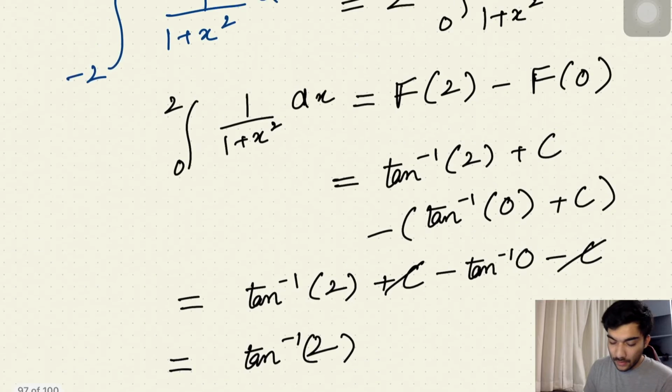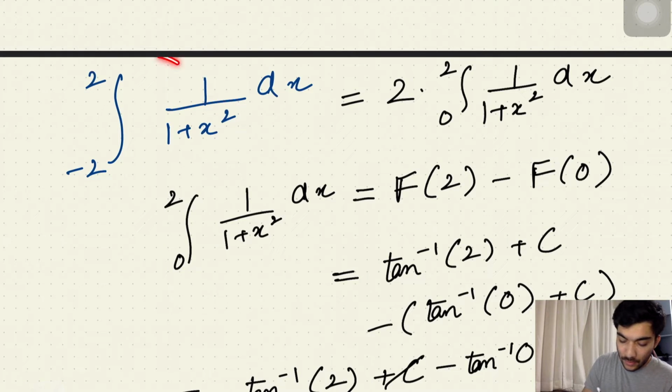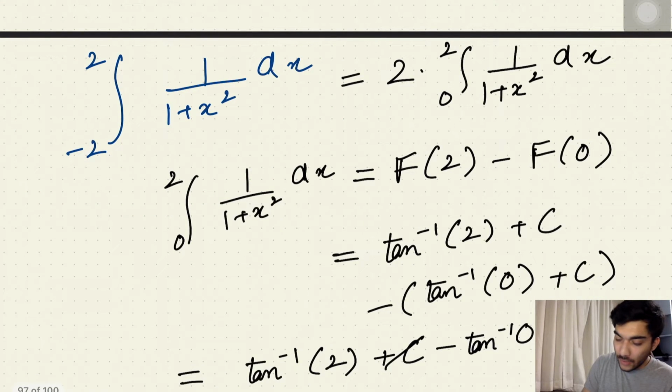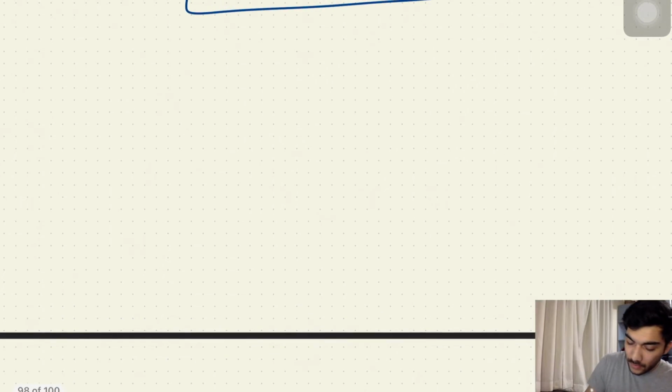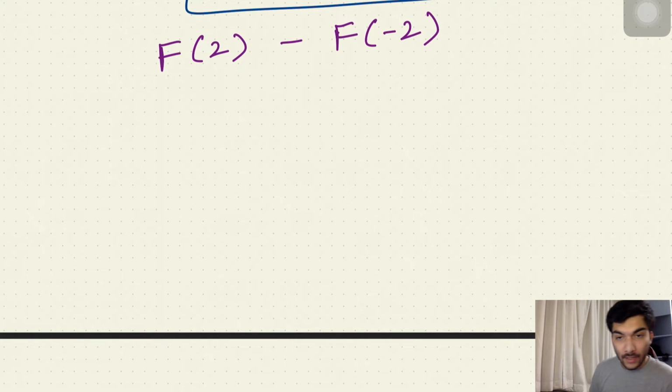And now let's calculate the expression on the left hand side as well. If we want to calculate the expression on the left hand side, it would basically be calculating capital F of 2 minus capital F of minus 2, right? And since our original function is tan inverse x plus c, let's do the same process for this one.